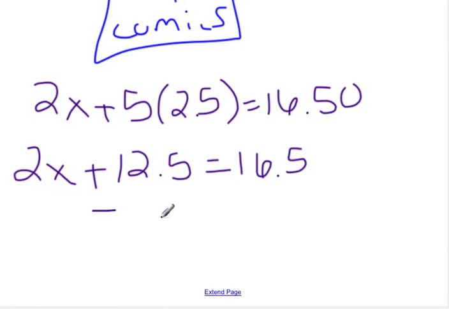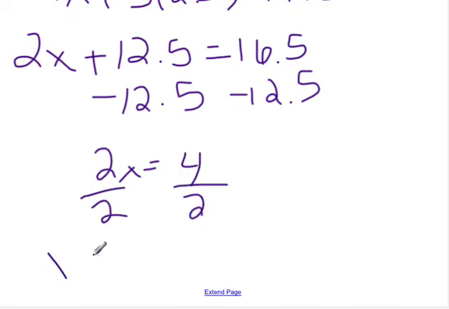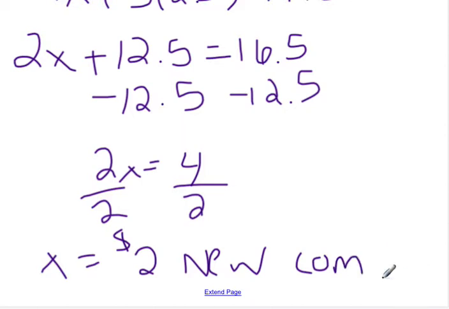So then I'm going to subtract 12.5 from both sides, and then I get that 2x is equal to 4. Divide both sides by 2, and I get x is equal to 2. Now remember that represents dollars for new comics.